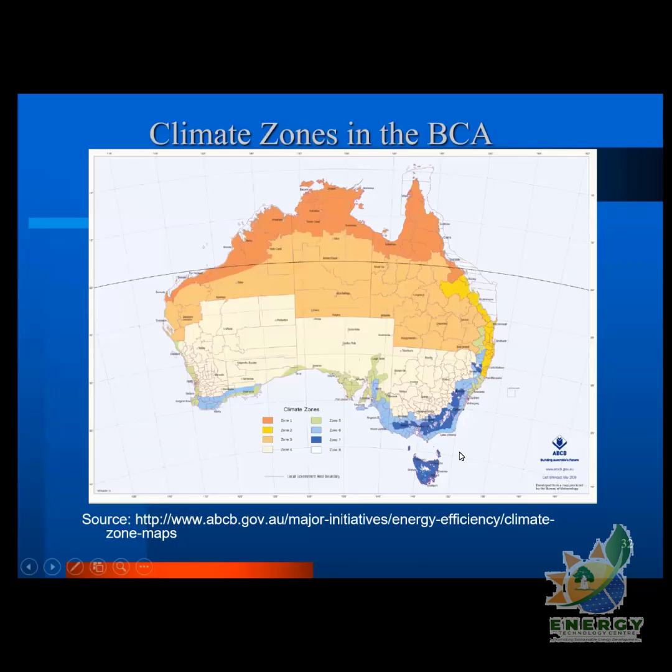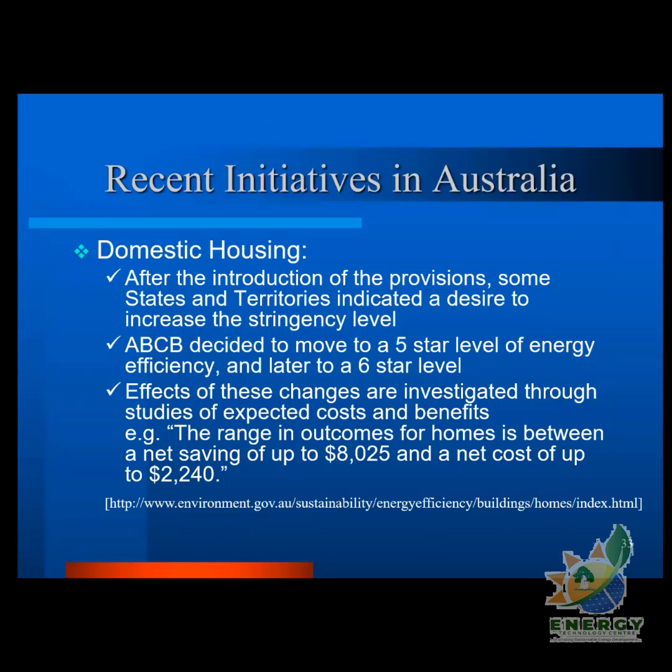Now, in recent initiatives, we have domestic housing. After the introduction of provisions, some states and territories indicated a desire to increase the energy performance of the buildings. So the ABCB decided to move to a 5-star rating of energy efficiency and later to a 6-star level.